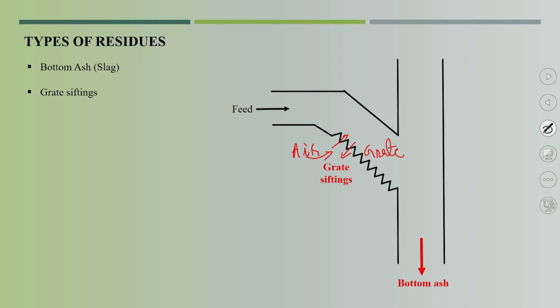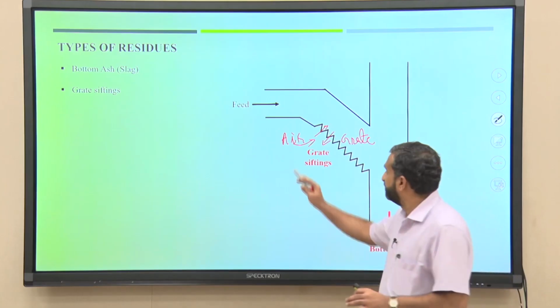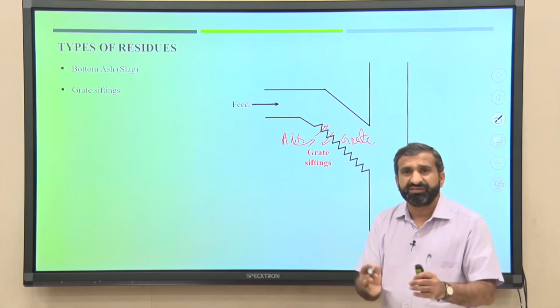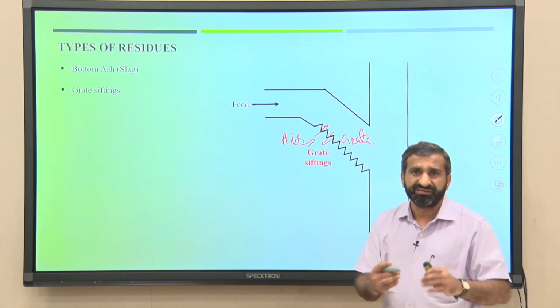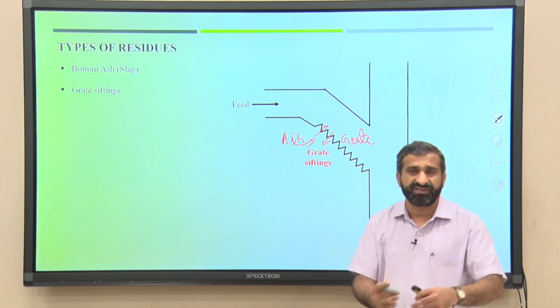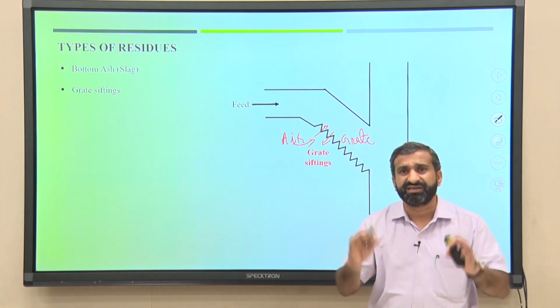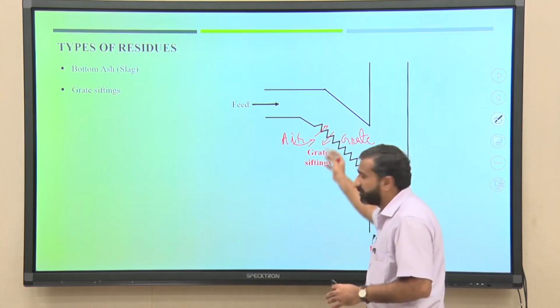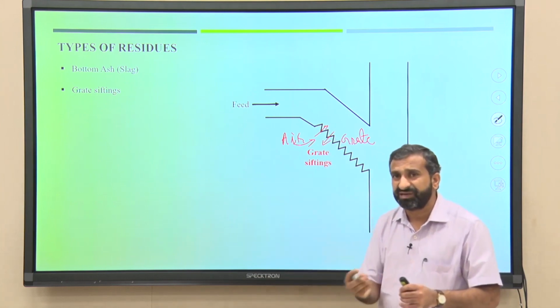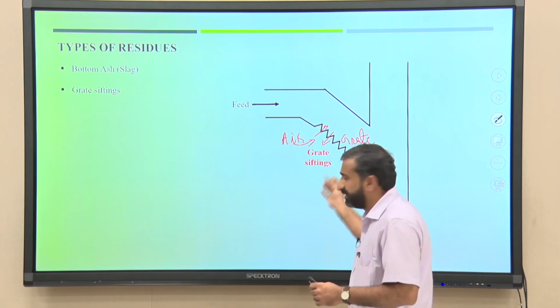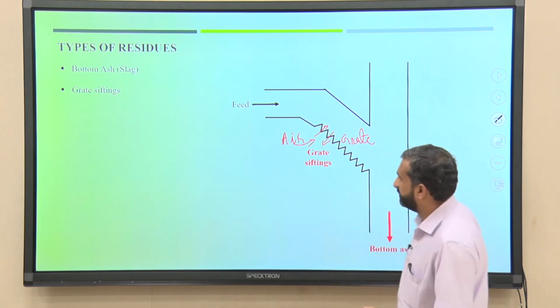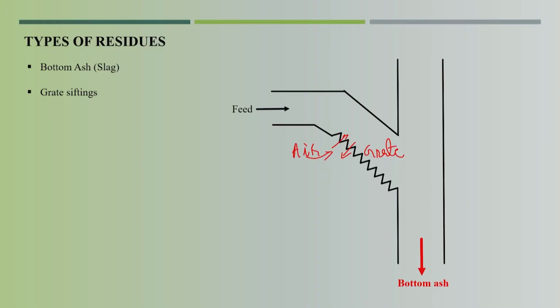It is also possible that some of the waste in the feed is easily combusted at a very low temperature, maybe 200 to 300 degrees, so a lot of fine particles get produced and come out in the form of grate sifting.